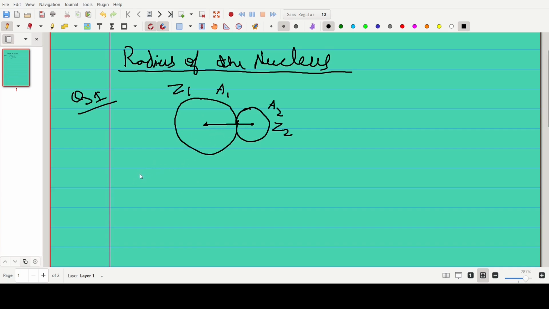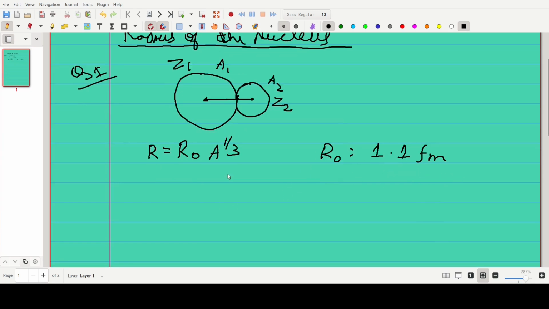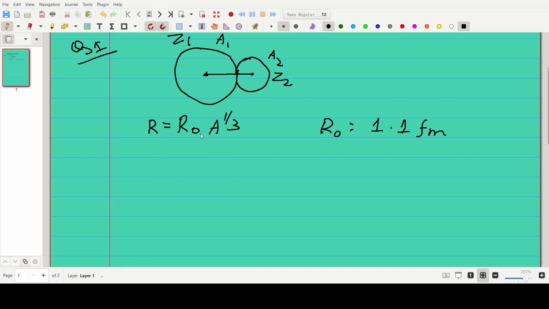There is an empirical relation between the radius of a nucleus and its mass number: r is equal to r naught times A to the power 1 by 3, where r naught is around 1.1 femtometer. This is just an experimental value. Now we need to calculate the distance between these two.